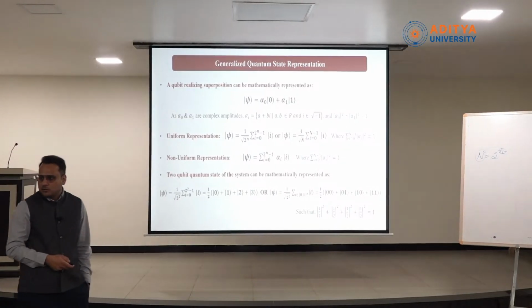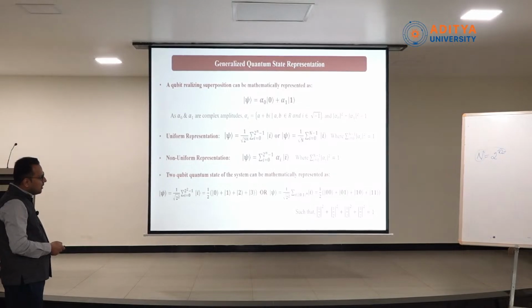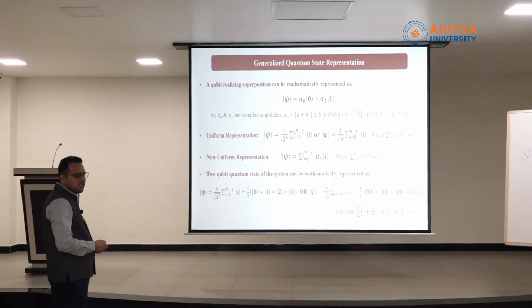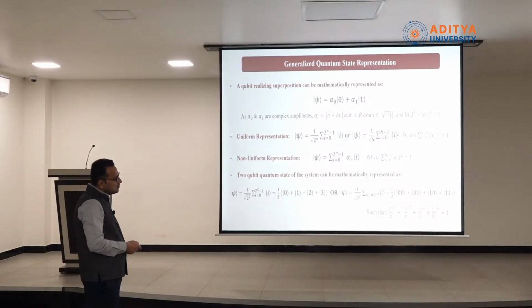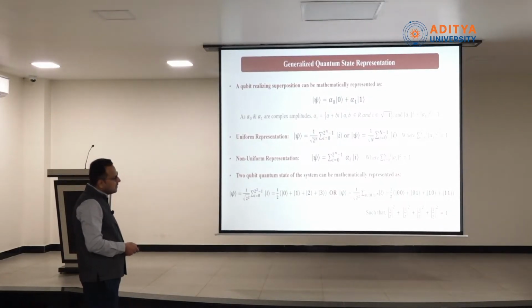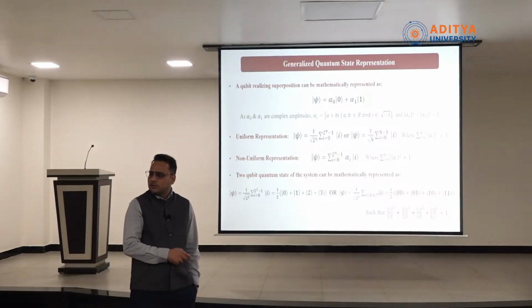So now the n bit string is assigned the value of i. Because the superposition is still uniform, the equal probability amplitude has been assigned, like 1 by 2 for 00, 01, 10, 11, and the corresponding amplitude squares sum to 1. We know that. Understood? Should we proceed?